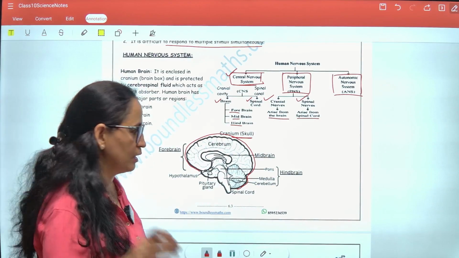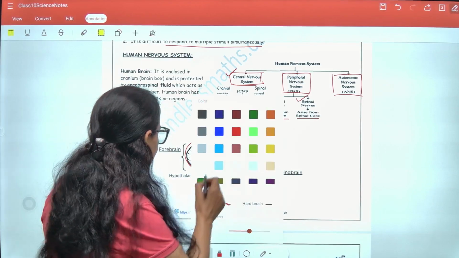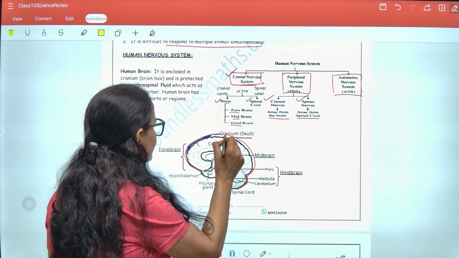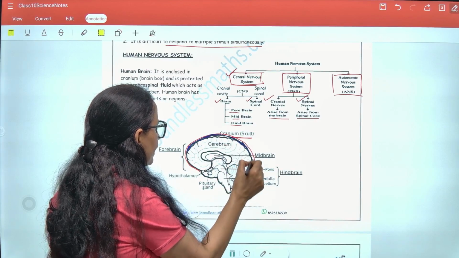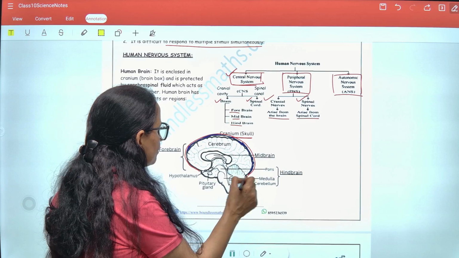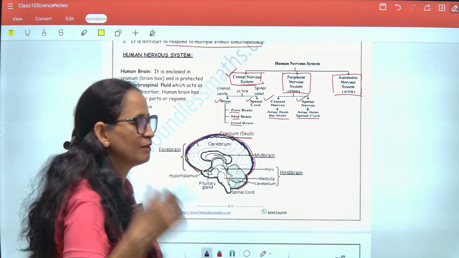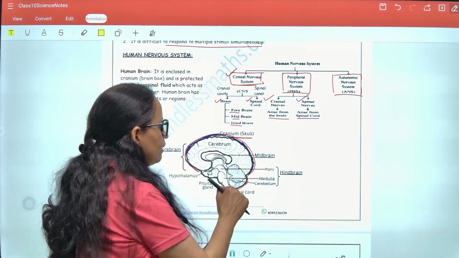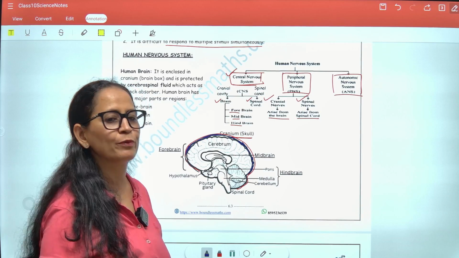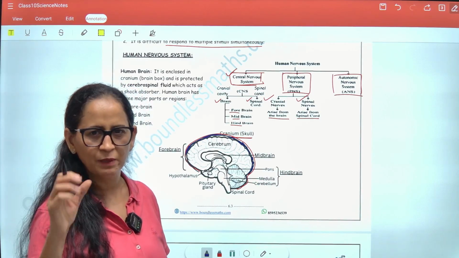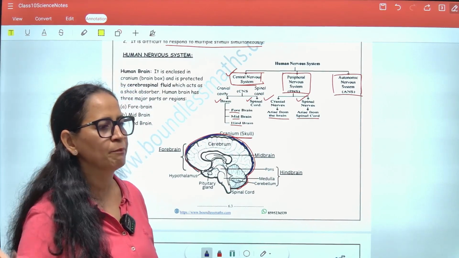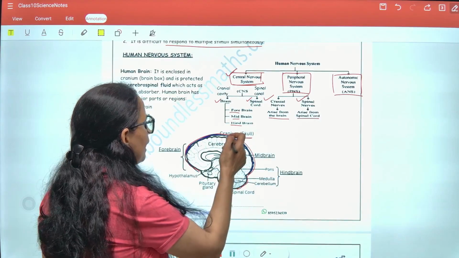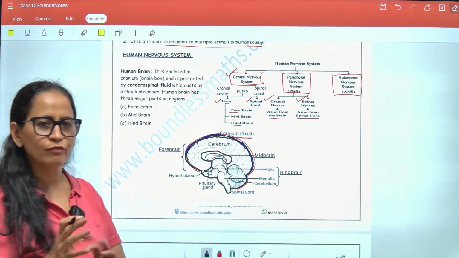The brain is very delicate, and between this cranium and the brain there is a fluid called cerebrospinal fluid that provides cushioning to protect the brain in case of any kind of impact on the skull. So the function of this cerebrospinal fluid is to protect the soft brain and the spinal cord from any kind of external impact, right? So the cranium and the cerebrospinal fluid are there for the protection of the brain.